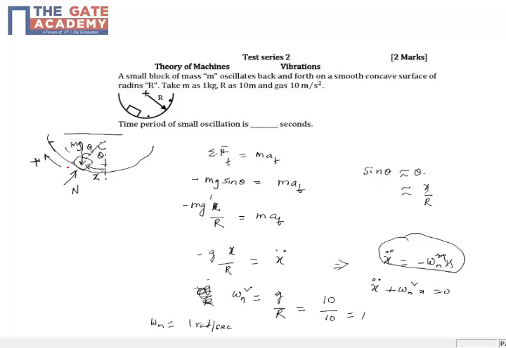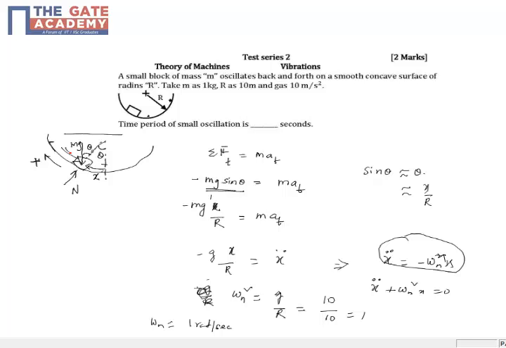That unbalanced force here is from gravity, and it is a restoring force, because it always acts in such a way that it tries to bring the body back to its equilibrium position. Here mg sine theta acts towards the equilibrium position. In fact, the presence of this restoring force is what brings vibration into a system.